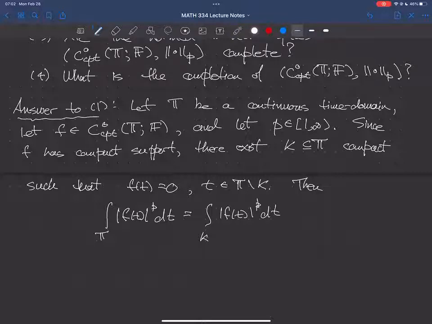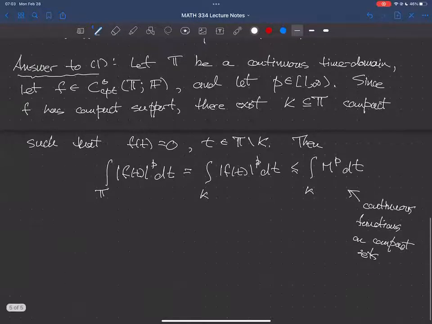Continuous functions on compact subsets are bounded, and so therefore there's some M, so that, okay, here I'm using the fact that continuous functions on compact sets are bounded. Okay.